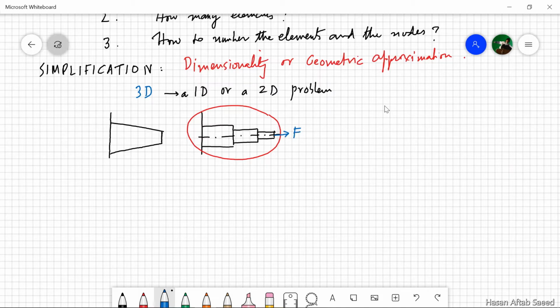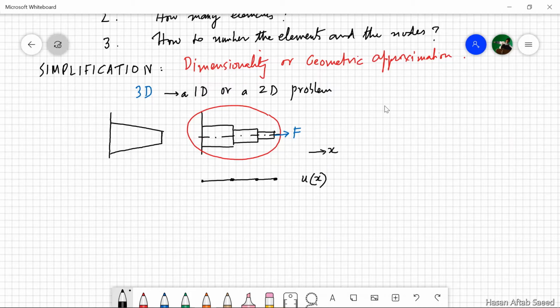And although it is obviously a 3D body, the force is such, and our quantities of interest, that is the displacements, the strains, the stresses, they are all aligned in the x direction only. So we were able to convert this problem into a 1D problem. We wanted to find u, which was a function of x only. This is what we mean by reducing the order of a model.